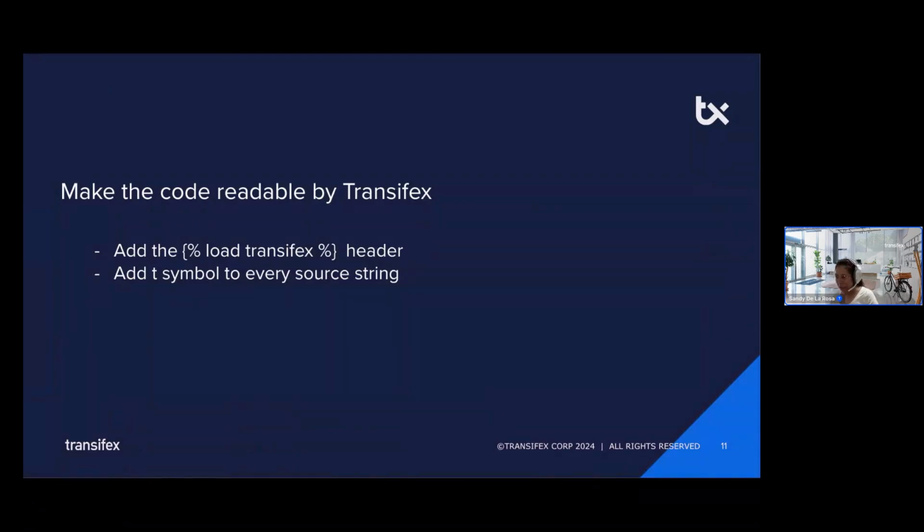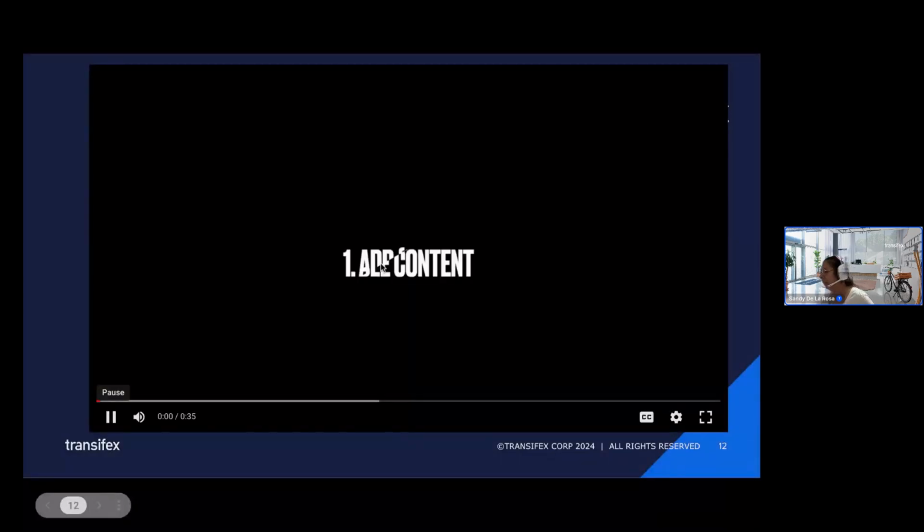The first one is to add the load Transifex header to every single file that will contain translatable strings. And after that, we will need to add the T symbol to every single source string that you want to push to Transifex. So we will see a recording of these steps.